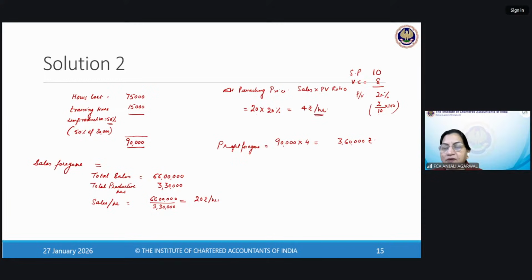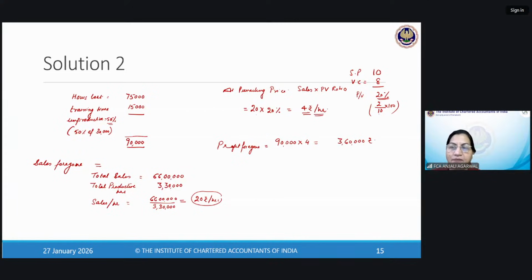So that's why you are getting a contribution or PV ratio of 20%. So if you have worked one more hour, you could have sold 20 rupee more, and 20% of 20 rupee, you could have generated a profit volume of 4 rupees. So in this 90,000 hours, you could have generated a profit of 3,60,000 rupees.